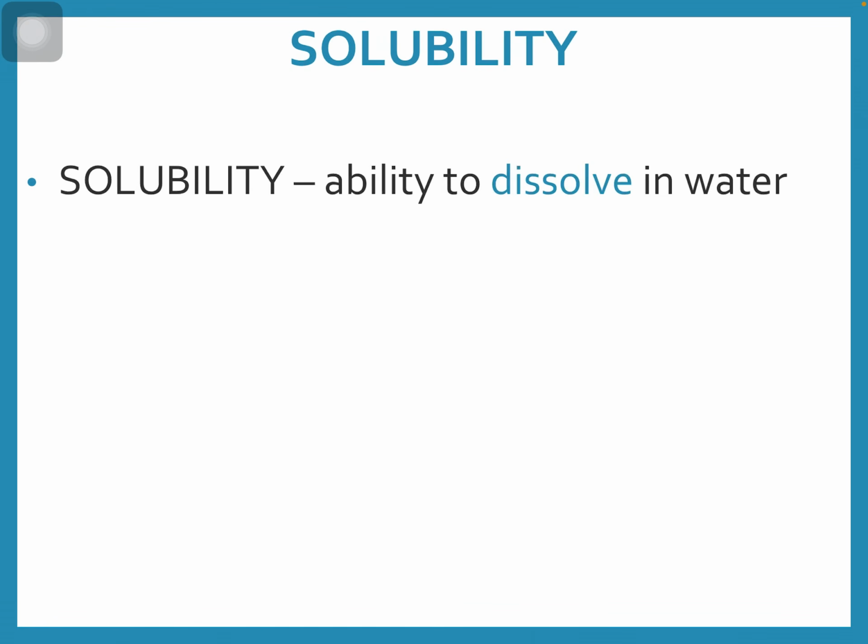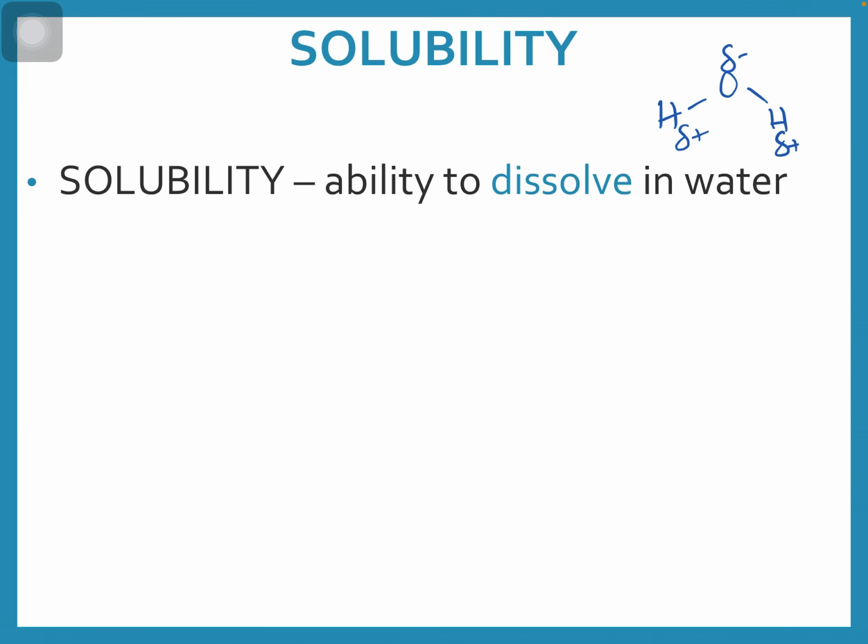Okay, solubility. So solubility is the ability to dissolve in water. And we've looked at water before, and the shape of it means that it is not symmetrical. So the bond dipoles that get created between oxygen and hydrogen do not cancel out, and that creates a slightly negative or partially negative region around the oxygen and positive around the hydrogens.